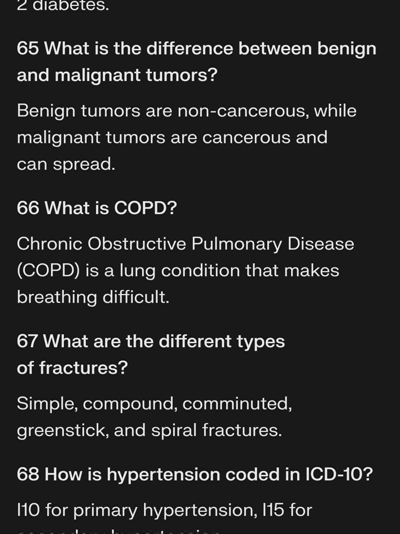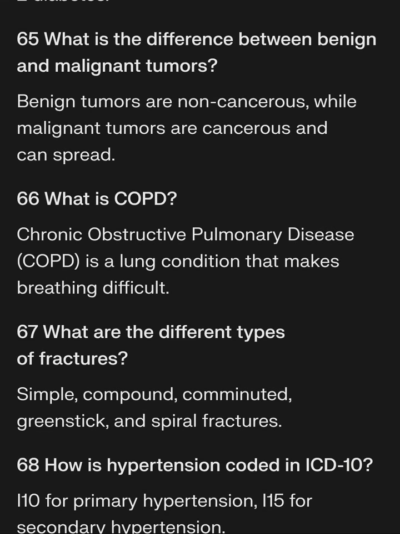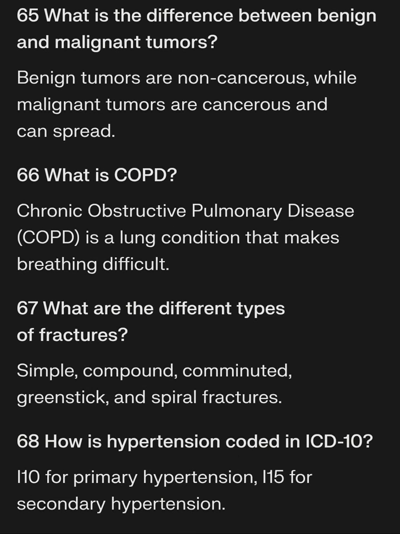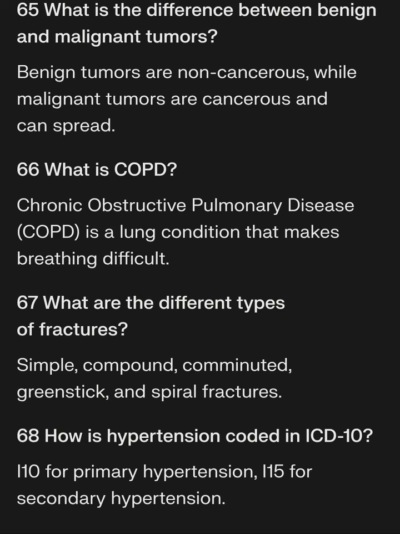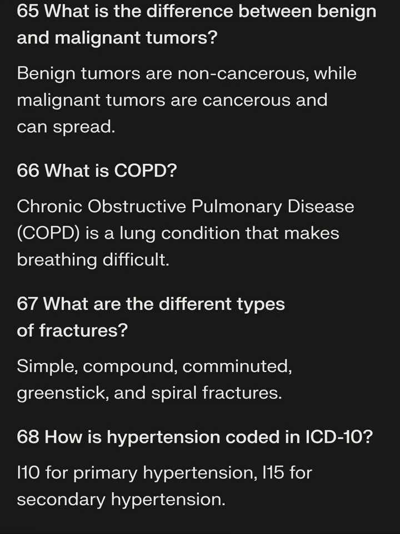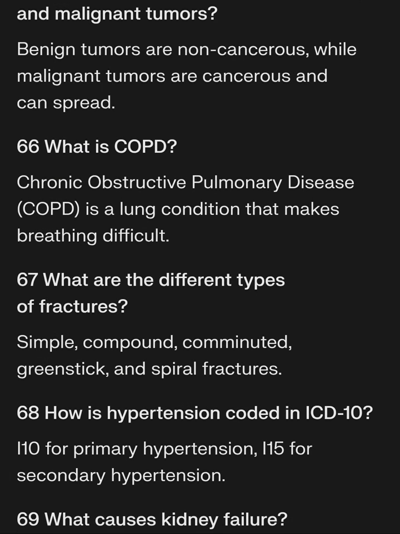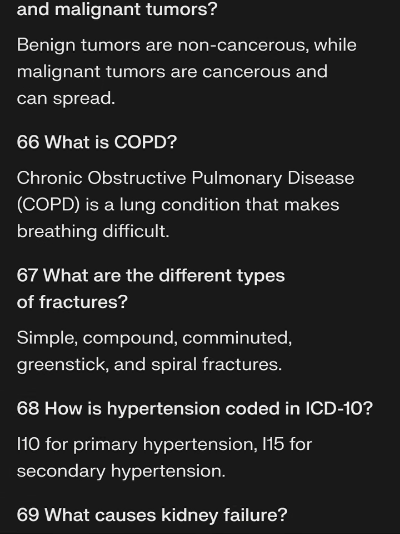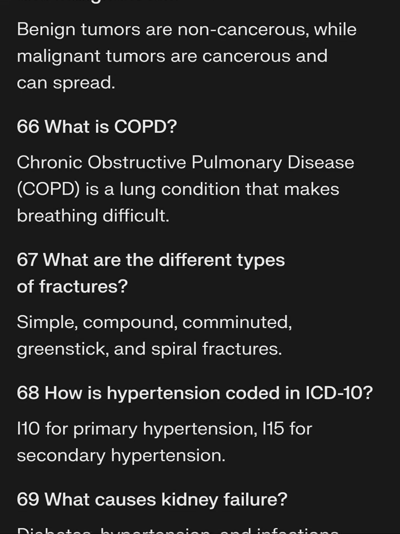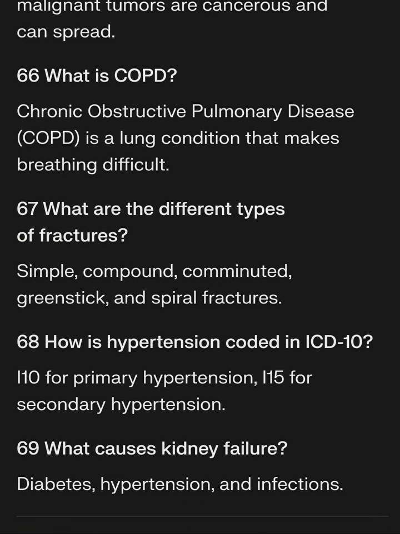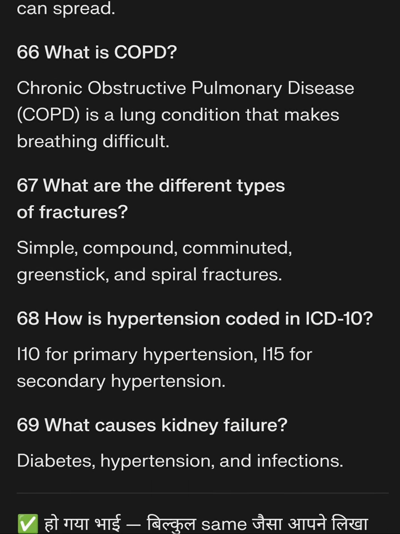65. What is the difference between benign and malignant tumors? Benign tumors are non-cancerous, while malignant tumors are cancerous and can spread. 66. What is COPD? Chronic obstructive pulmonary disease, COPD, is a lung condition that makes breathing difficult. 67.